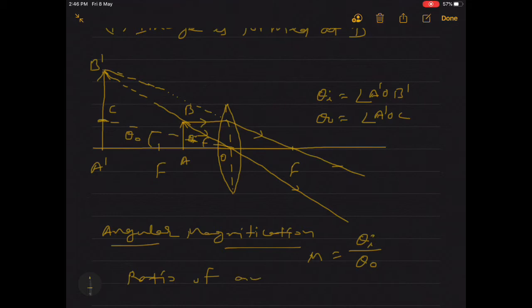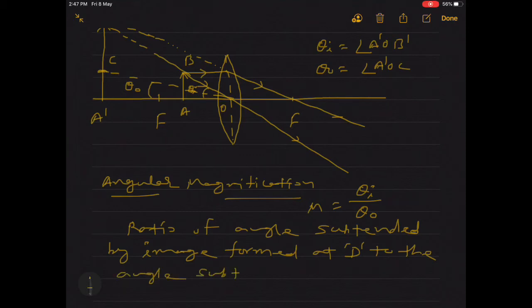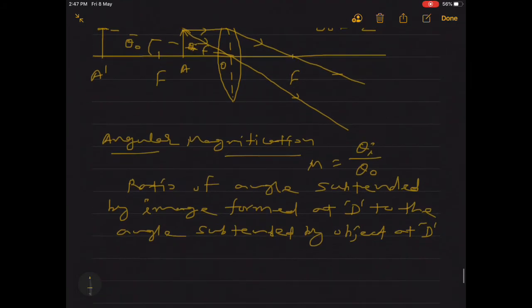Ratio of angle subtended by image formed at D to the angle subtended by object at D and seen directly.